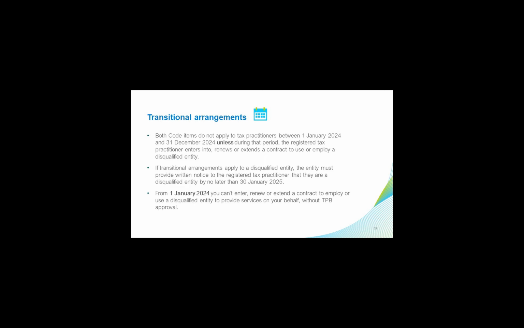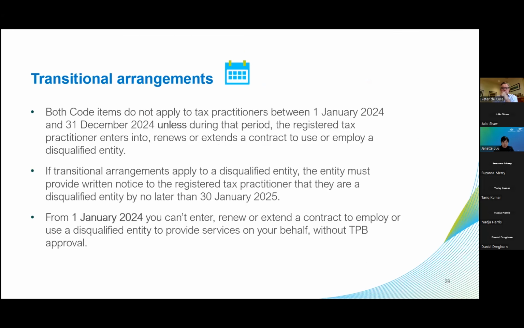So in essence, both code items will not apply to tax practitioners between 1 January 2024 and 31 December 2024, so in a 12-month period, unless during that period you're entering into a new arrangement or agreement.